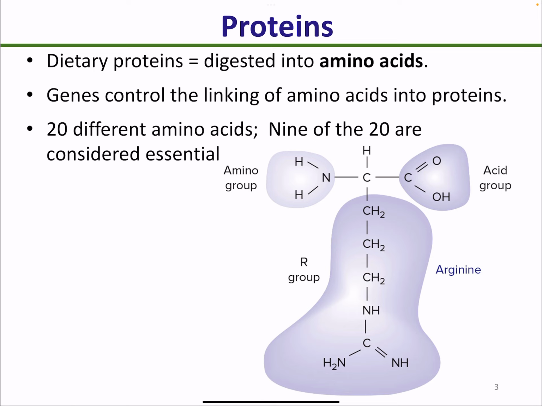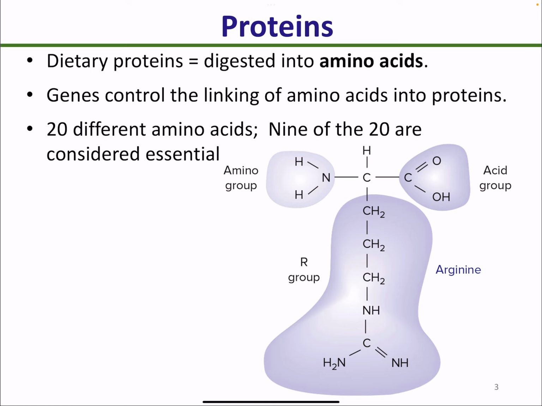These proteins in your digestive tract are going to be broken down into amino acids. The amino acids are the nutrients that your body is going to absorb and use for the production of your own proteins. So all the protein that you ingest, there is no way these proteins are going to go from your stomach or your small intestine directly to your system. This is not going to happen, right?